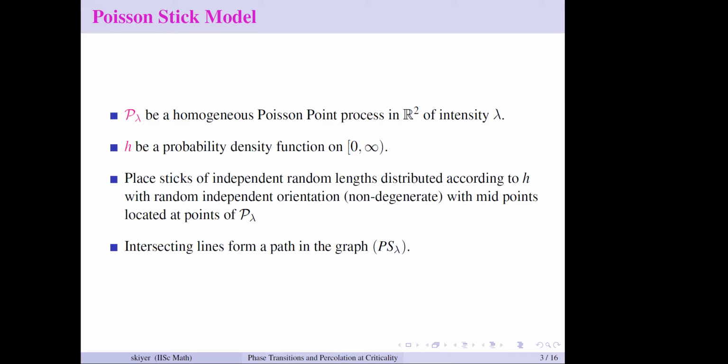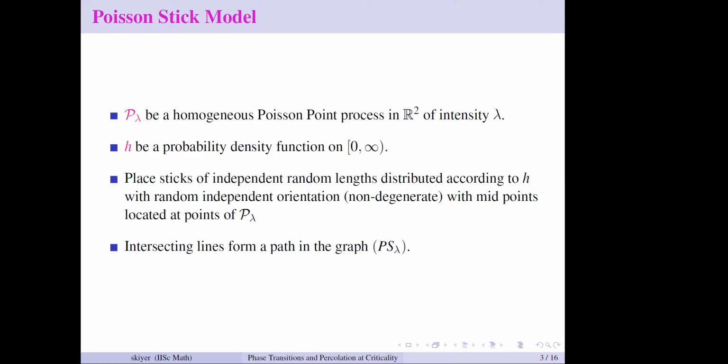The second ingredient in the model is a probability density function with support in (0, infinity). At every point of P lambda, we place a stick whose midpoint is at the point of the Poisson point process, and the half-lengths of the sticks are distributed according to this distribution H. The orientation of the stick is random, and the distribution of the orientation can be arbitrary.